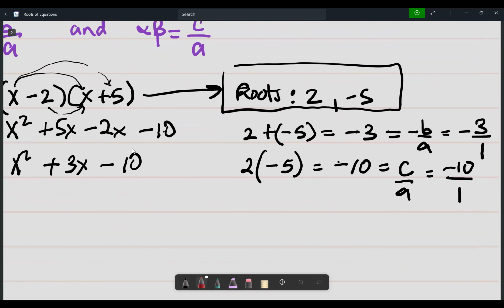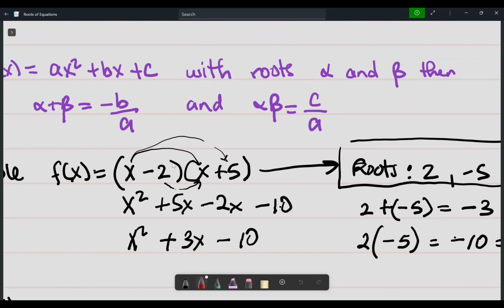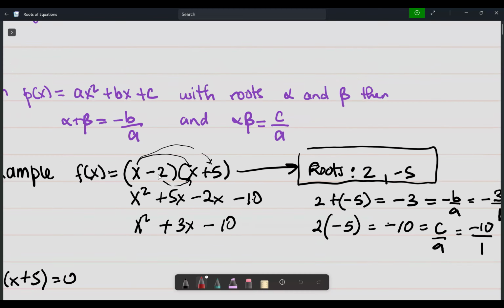In this case, c is negative 10. So this is something that you should know from AddMaths. If you didn't do AddMaths and did pure math, congratulations, you missed out on a year's worth of information that a teacher might just skip over because it's something you should learn on your own, right? So that's quadratics.